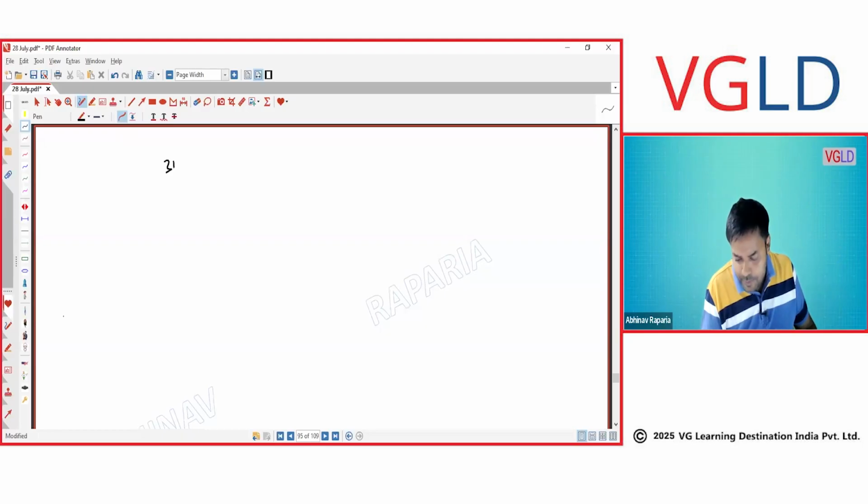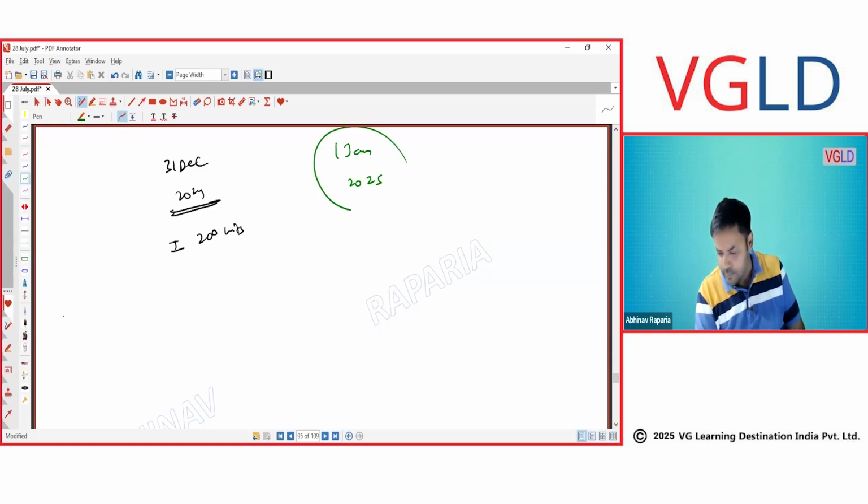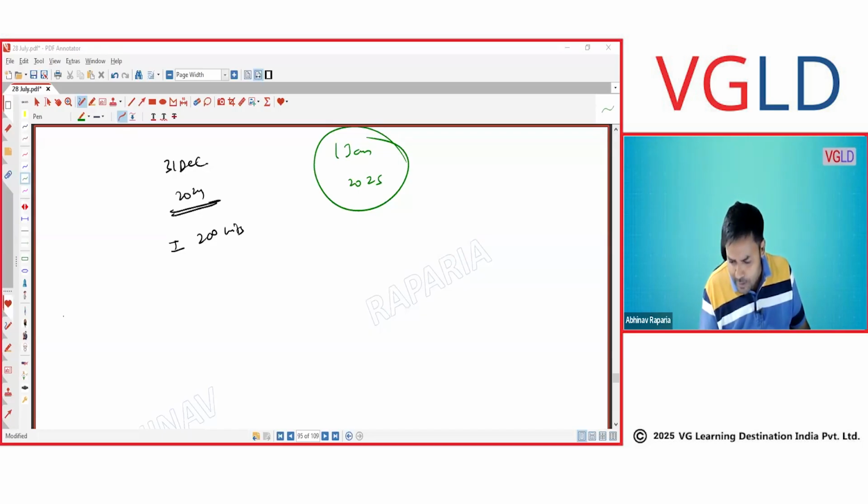On 31st of December 2024, let's say your inventory is 200 units. On 1st of January 2025, what should be my inventory? Has to be same. Why can it be different in that case? Should be same. But is it possible that they are not same in some scenarios?